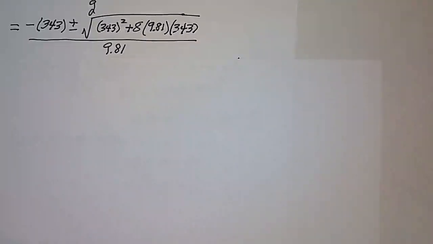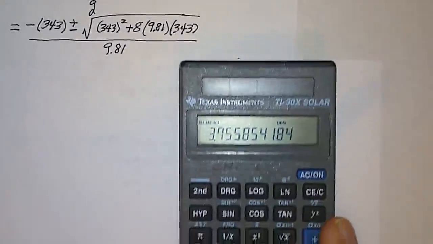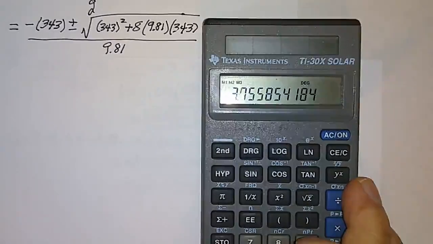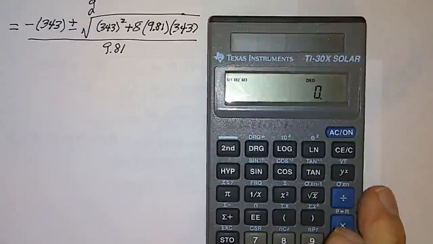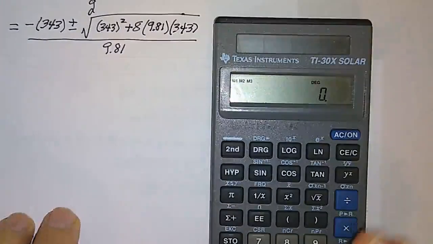Okay, so I moved this up out of the way so I can get my calculator in view here. And let me get it up here. And I'm going to clear all that. And I'm going to try to calculate what's under the radical first.